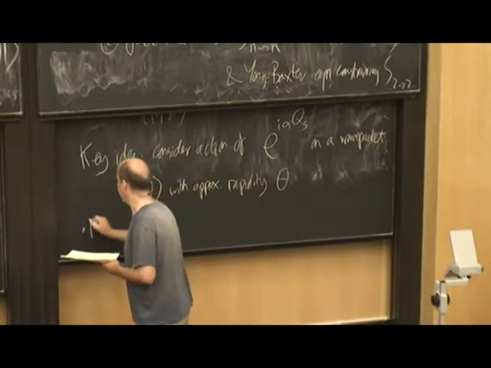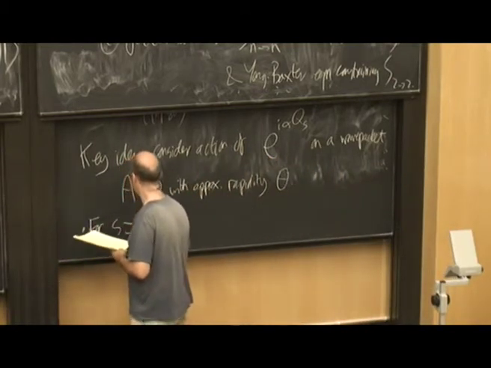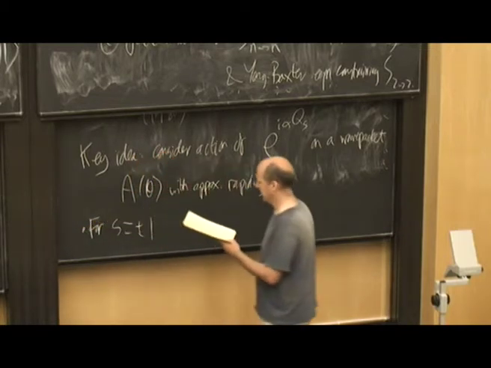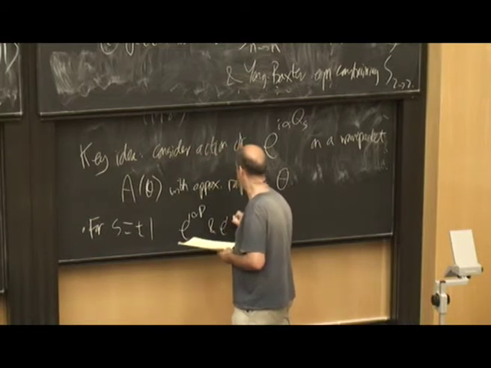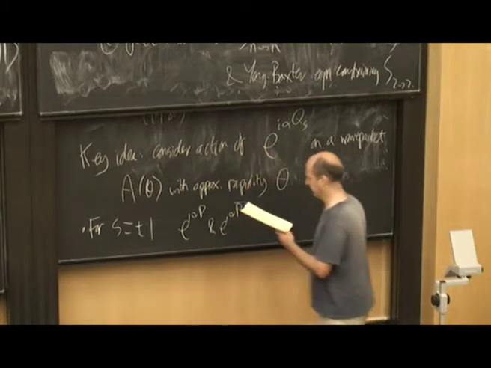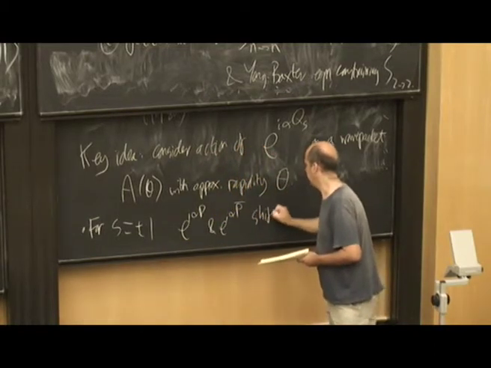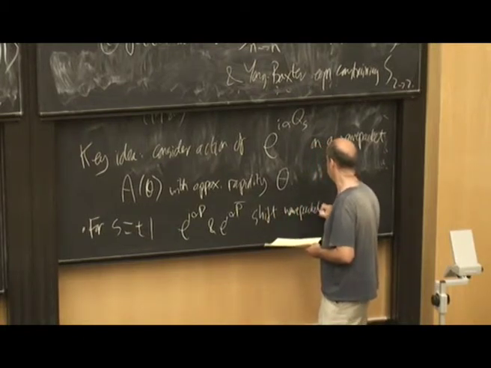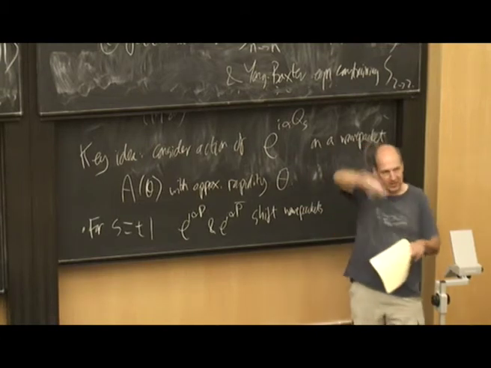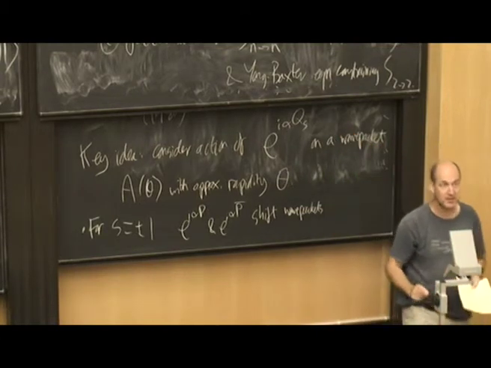So for s equals plus or minus 1, e to the i alpha P and e to the i alpha P bar shift wave packets, or more strictly speaking their trajectories in space-time, in a theta-independent way.